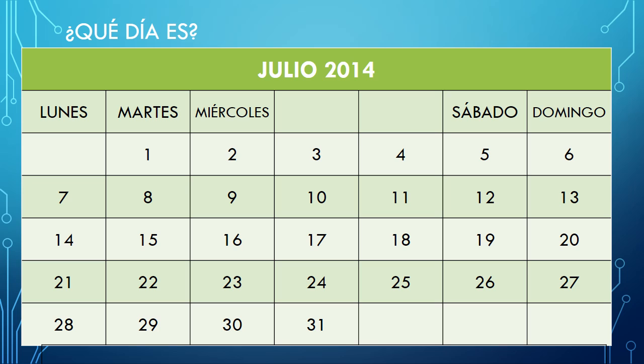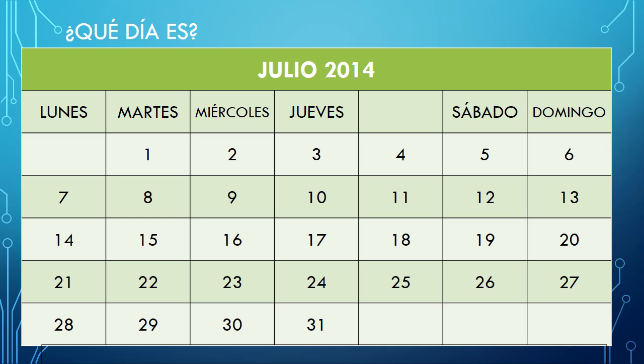¿Qué día es el 24 de julio? El 24 de julio es el jueves. El jueves. And so the last one, ¿qué día es el 11 de julio?